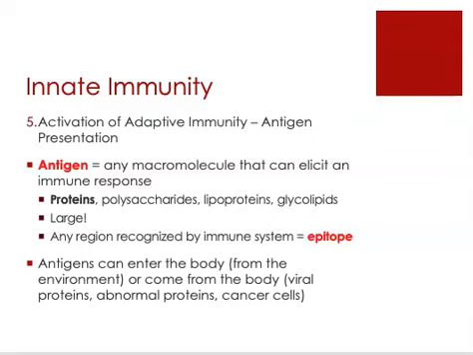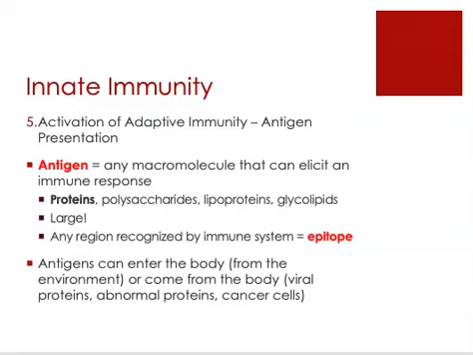And an antigen may have multiple sites on it that are considered immunogenic. So we give those sites that occur on an antigen a name. We call those epitopes. So an epitope is a place on an antigen that helps to elicit an immune response.